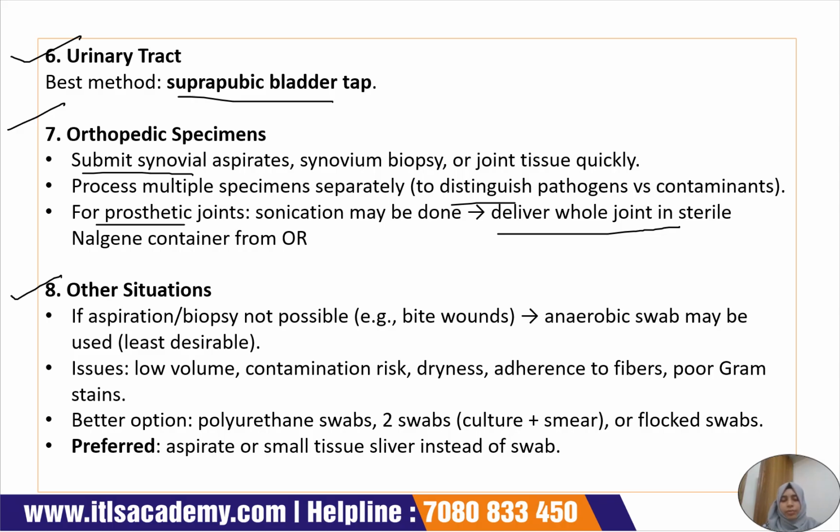The best option is polyurethane swabs, two swabs, one for culture and the other for smear, or flocked swabs. The most preferred specimens are aspirate material or small tissue pieces instead of swabs.